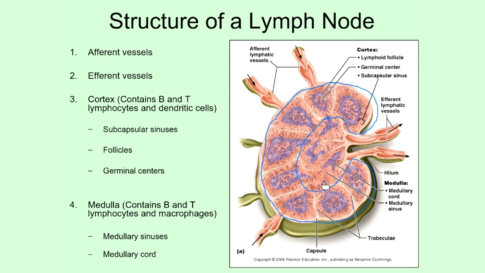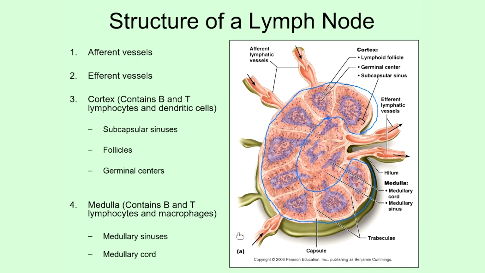We have medullary sinuses, which are just open spaces in the medulla, so they would be analogous to the subcapsular sinuses, and they're continuous with the subcapsular sinuses. So if you're lymph, you have to come in, move through a subcapsular sinus, into the medulla, move through a medullary sinus, kind of avoid these areas of solid tissue, again in purple here, in the medulla, which are known as medullary cords, as you're making your way out of the lymph node.